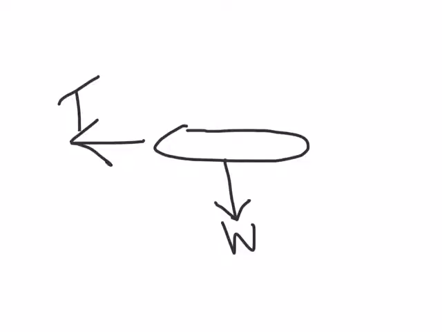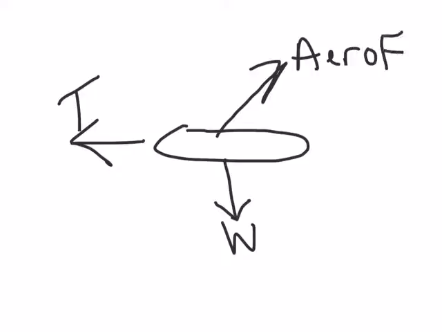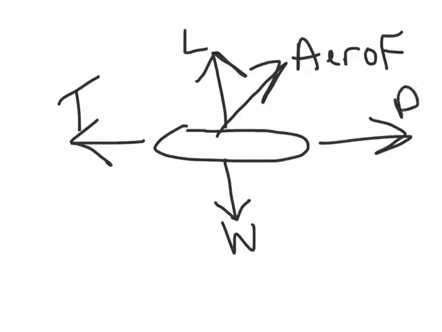If you look at figure 1.1, you're going to see it broken into weight, thrust, and then the aerodynamic force. The aerodynamic force we can break into two things. We can break that into lift and drag.